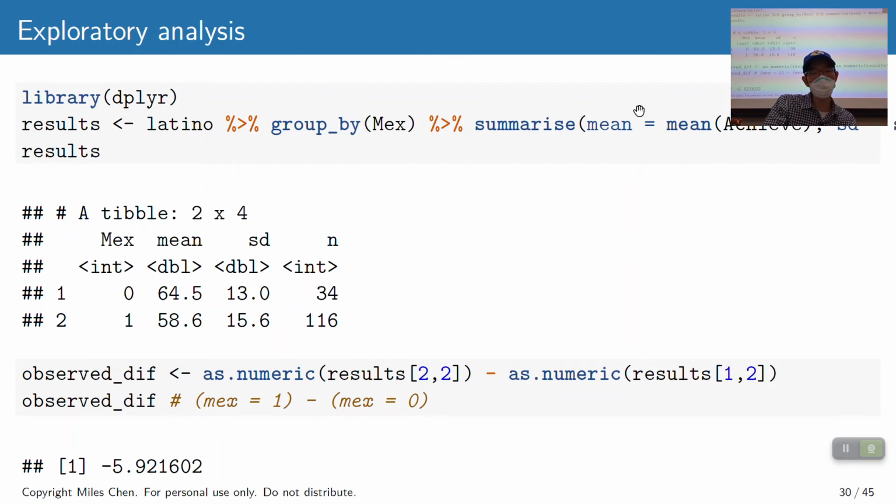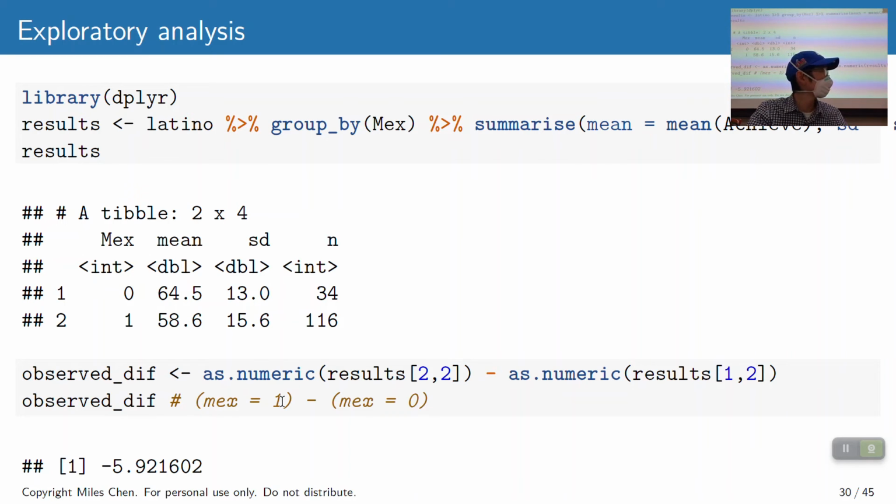If we look at the achievement score, the mean was 64.5 for people who did not come from Mexico, and the mean was 58.6 for people who came from Mexico. We had these standard deviation numbers. And the question is, is there a difference? 64.5 versus 58.6. When you calculate the difference between these two numbers, that difference is something like 5.9.